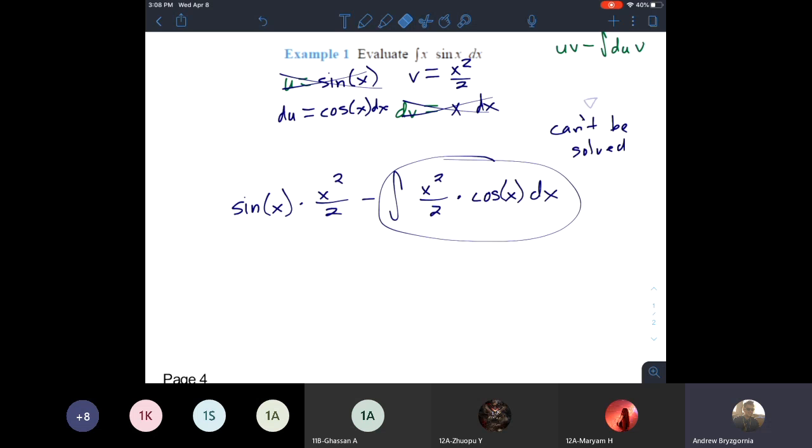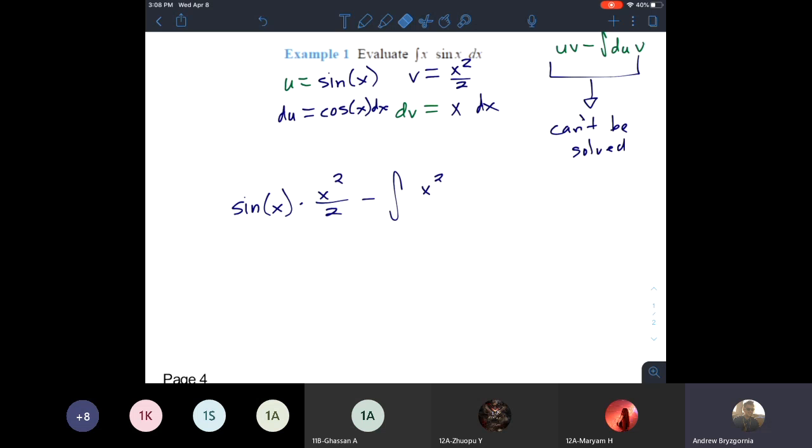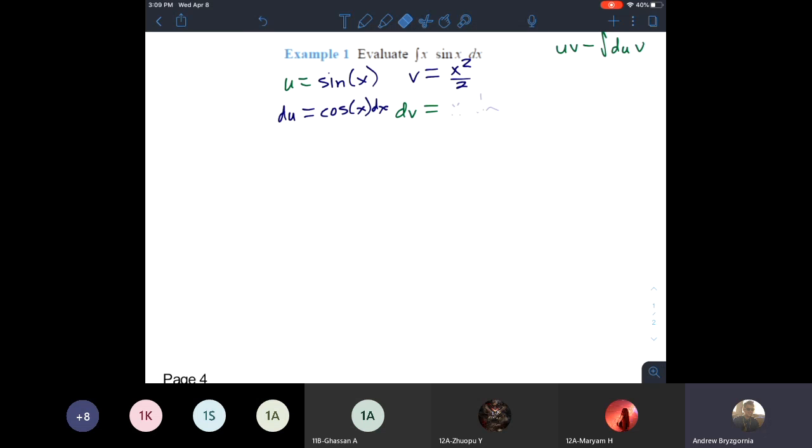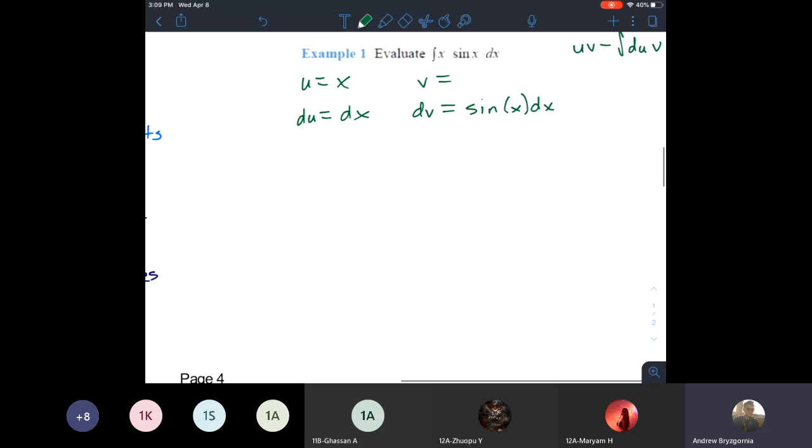So that's how I knew then to make dv be sine. If we go back then to what I originally had, we had u was x, du is dx, we had dv is sine of x, and then v is negative cosine of x.